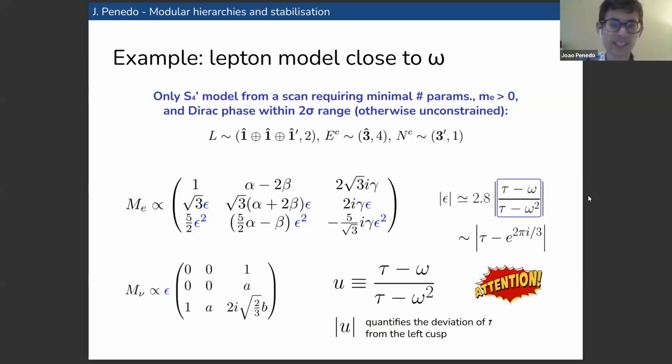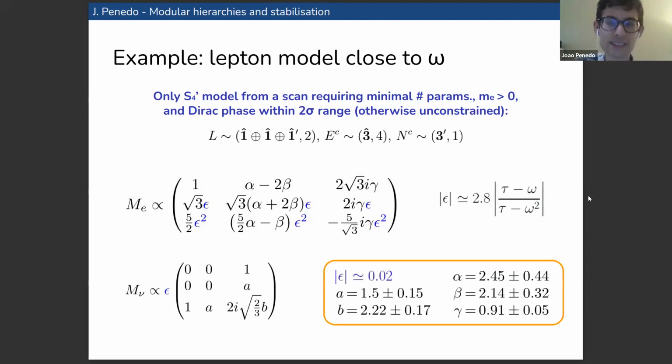Okay, but essentially there is a small parameter epsilon. It's 0 when you are at the cusp, it's small when you are close, and fits with epsilon of the order of 0.02. At the same time, no big fine-tuning in the following senses.